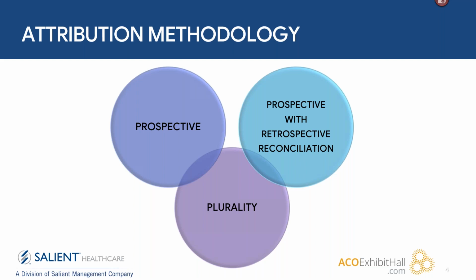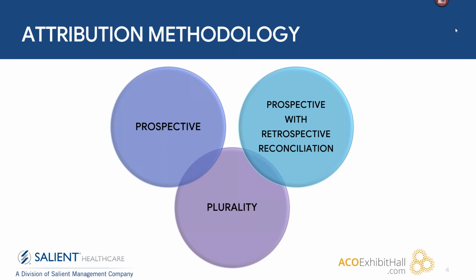Now, the bottom of the graph on your screen refers to plurality. You can see that, and you see that the two attribution methodologies don't touch each other. They both intersect with plurality, as you can see. Now, this is purposeful because plurality is the logic that identifies which providers saw or cared for the beneficiaries in your ACO during the most recent performance period.